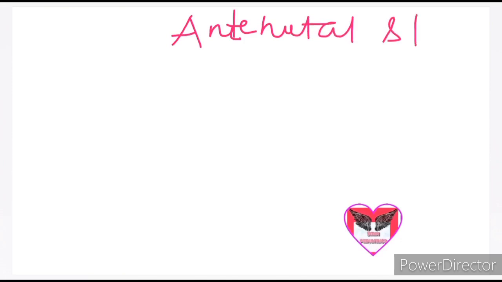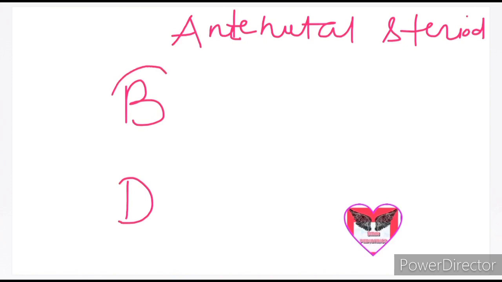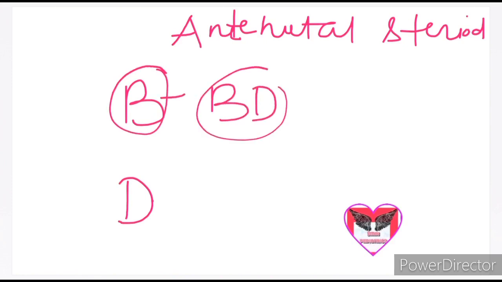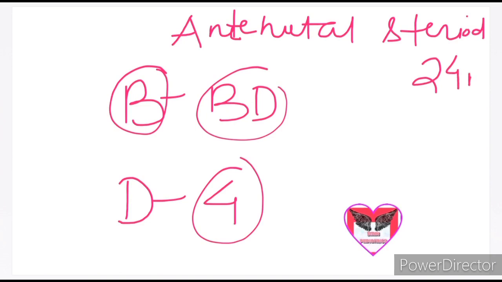Now one more thing, the role of antenatal steroid and what is the dose. Antenatal steroid is given to the mother. We give betamethasone or dexamethasone. B for BD and D for four doses. The total dose given to the mother is 24 milligram.